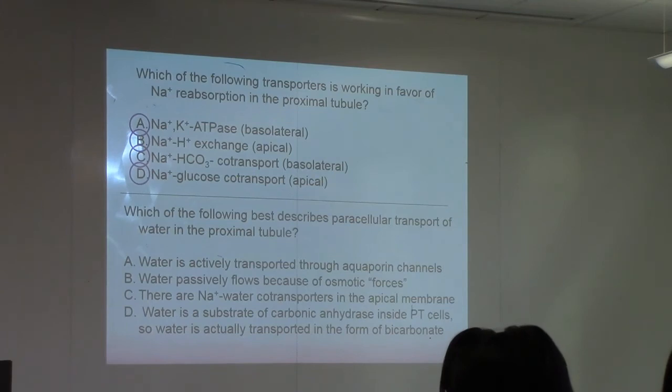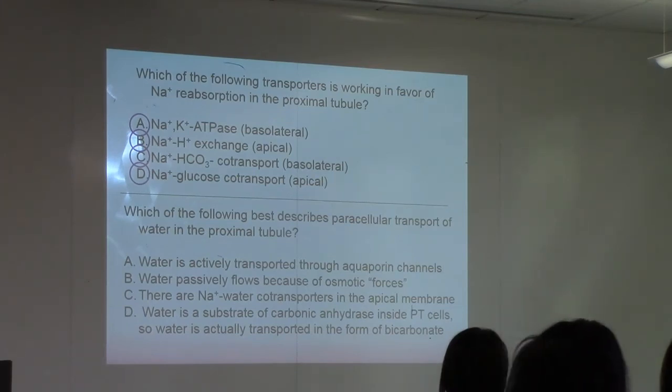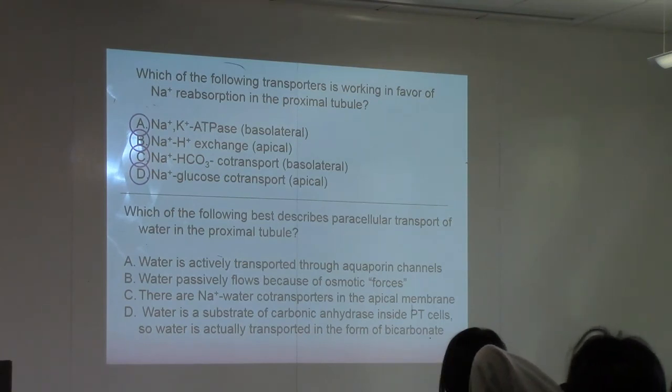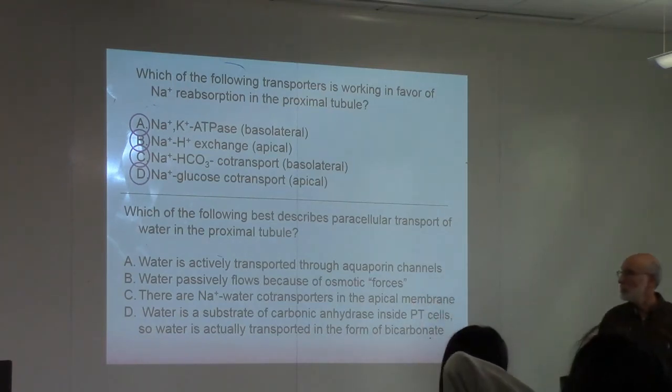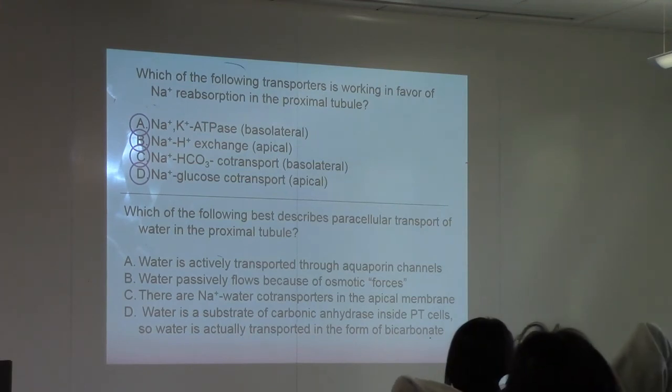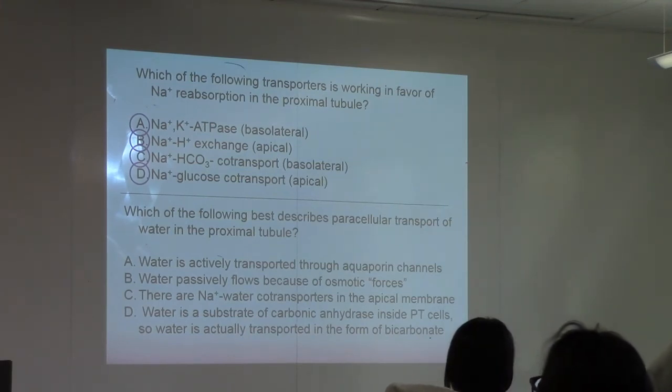Okay, good. Which of the following best describes paracellular transport of water in the proximal tubule? This is an unfair question because I crossed out some information that is correct. I'll give you a hint.